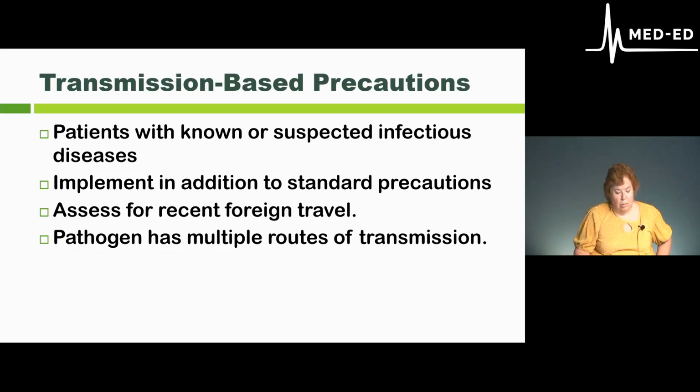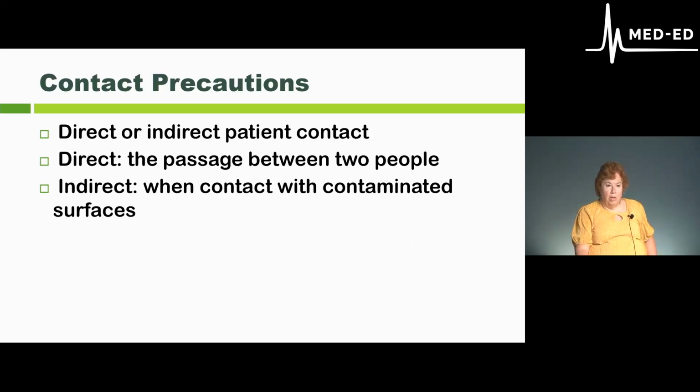Also with transmission-based precautions, because we have become such a mobile society, we are asking people about recent foreign travel when they enter the healthcare system. So we have contact precautions. This is direct or indirect patient contact. Direct is the passage between two people. Indirect is when there's contact with some contaminated surface.